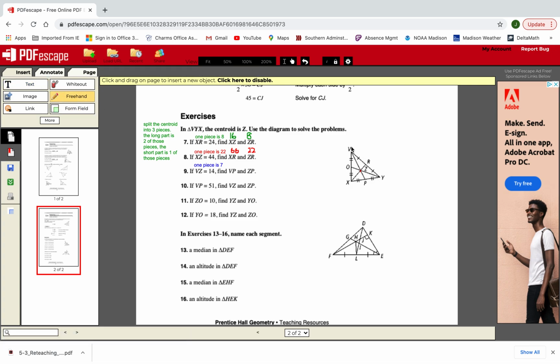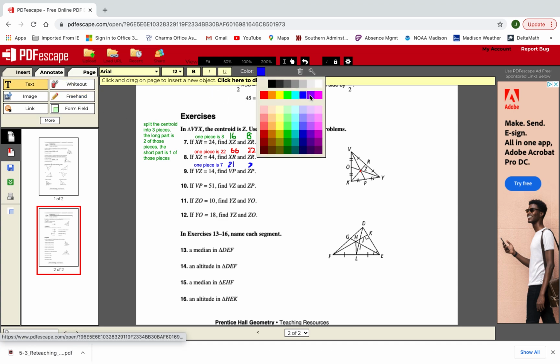Okay? So if 1 piece is 7, that means that ZP is 7. All right, so then VP is VZ plus ZP. VZ plus ZP is 14 plus 7, which is 21.